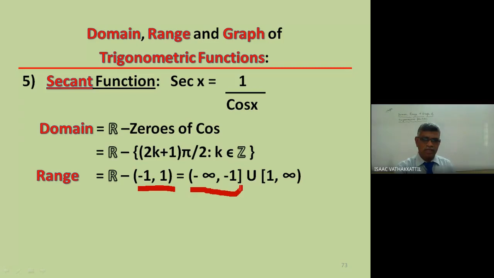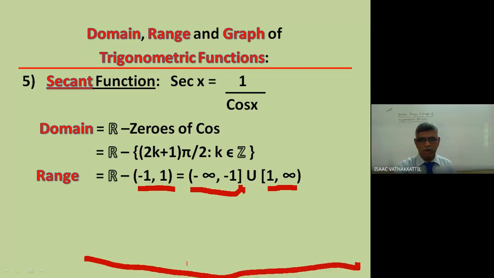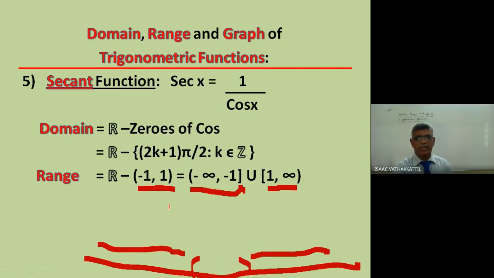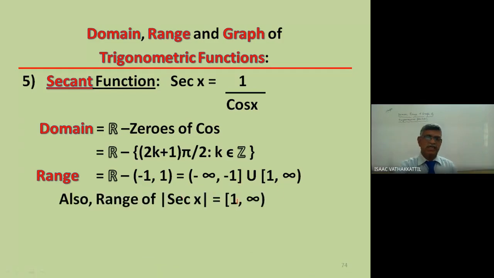Remember, minus 1 is included. Union 1 to infinity. So here 1 is again included, because in the excluded strip from R, the set of real numbers, only the open interval is removed. So either 1 to infinity or minus infinity to minus 1. That is the range of sec function.